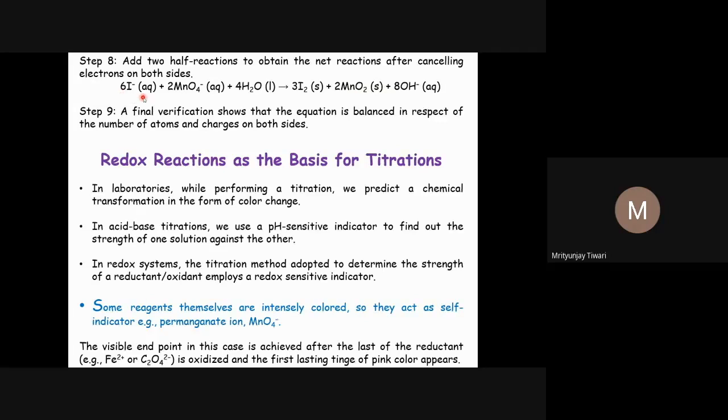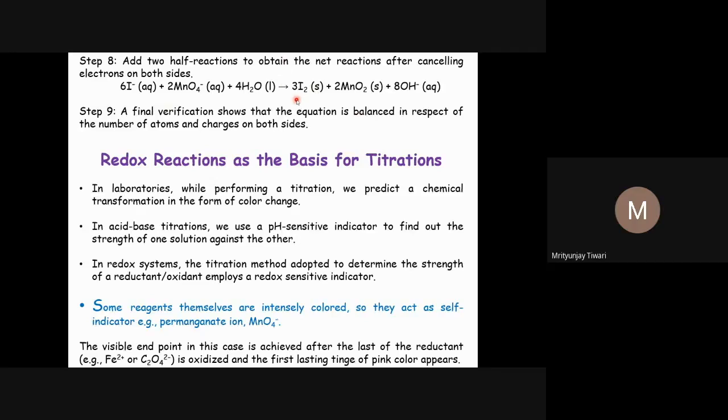If you want to check, you can. 6 iodine here, 6 iodine there, 2 Mn, 2 Mn, and 4 plus 8, 12 oxygen atoms on both sides. Hydrogen atoms are also similarly balanced. Charges, electrons lost and gained, everything is balanced. You can check here. So this equation is now balanced.